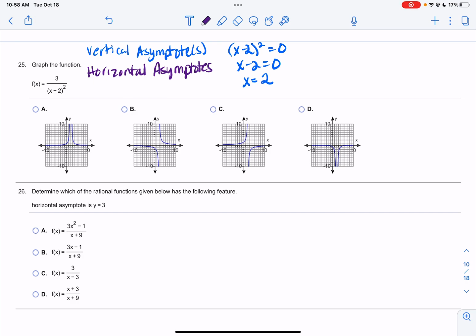In this case, it's bottom heavy because the degree of the numerator is x to the 0. So we say it's a 0 degree polynomial in the numerator, and the degree in the denominator, when simplified, would be x to the 2nd power. So bottom heavy functions will have a horizontal asymptote that is y equals 0.